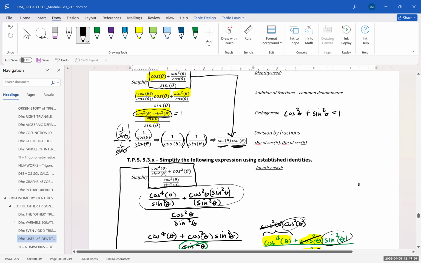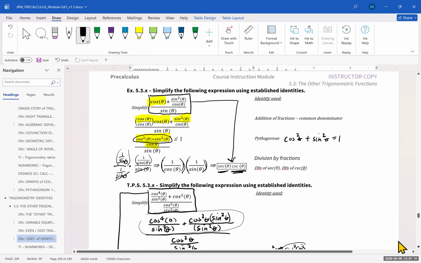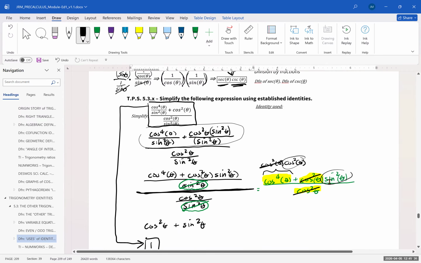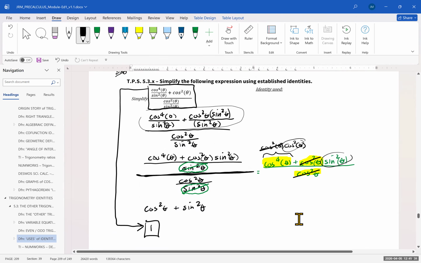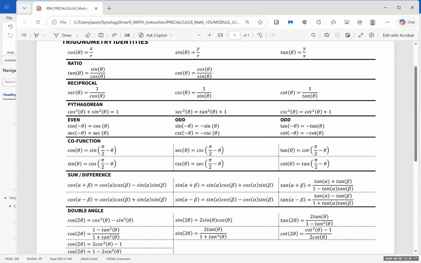My friends and I, when I was taking trigonometry in a summer class, we really banged our heads on walls for a while trying to figure these out. It's a lot of trial and error, and going back to the trig identities, trying one, not working, trying one in here, it doesn't work.